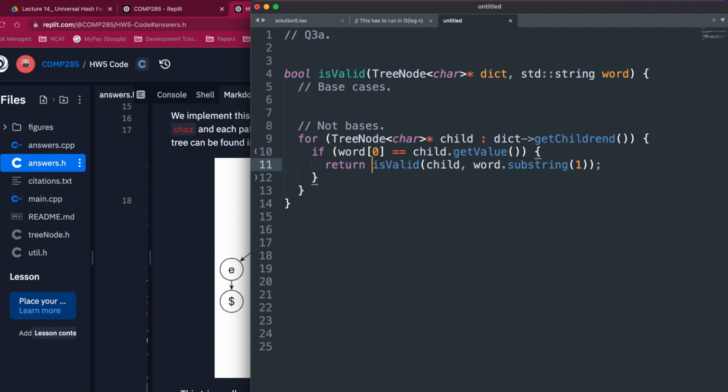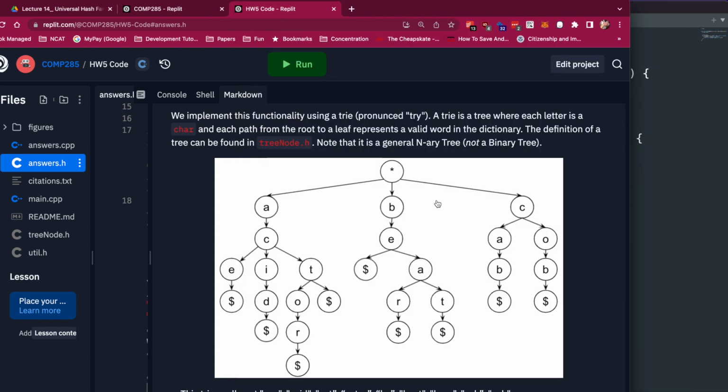You can imagine that we're looking at all of the children, and for each child, we see, are you equal to the first letter? So we start here, look at all the children, and see if they're equal to A. If they are, we keep going down the tree: are any of the children of A equal to C? And are any of the children of C equal to E?